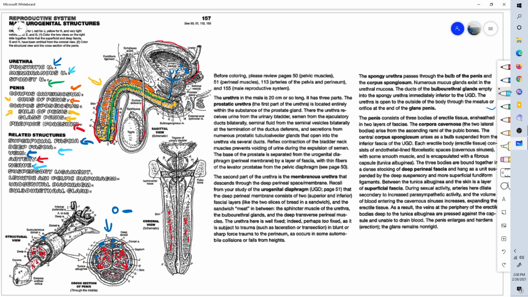Now, how is the penis connected to the body? Well, it's connected in two ways. First, the corpus cavernosum from the crus of the penis is connected directly to the pubic bone right here.